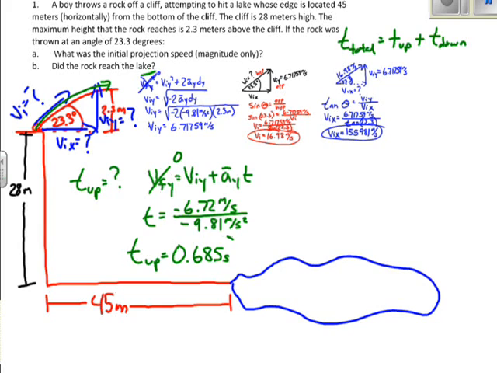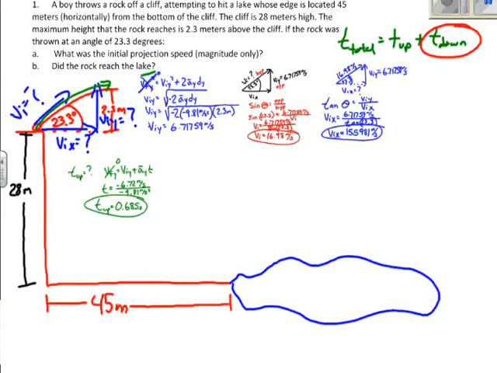Now again, that only covers the upward portion of this object's trajectory. So now let's focus on figuring out how much time it takes to get down. To figure that out, I chose to use the fact that I know how far this thing is going to have to fall in the y direction. So I'm using dfy equals diy plus viyt plus 1/2 ayt squared.